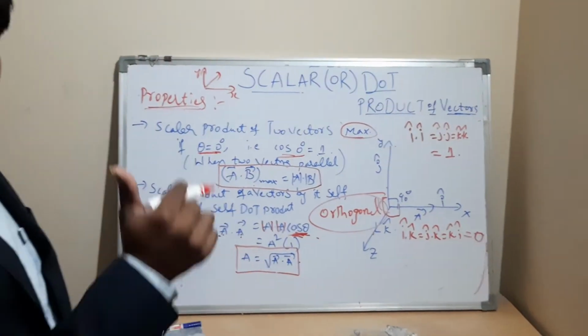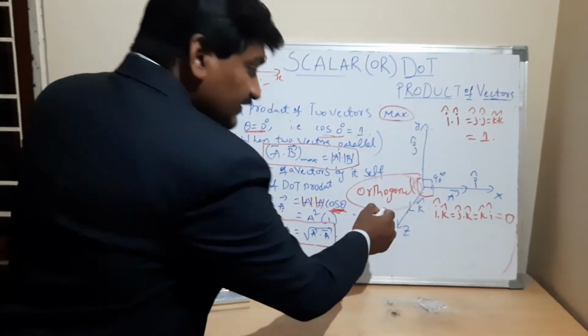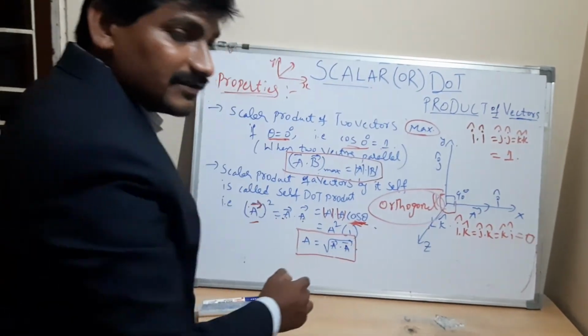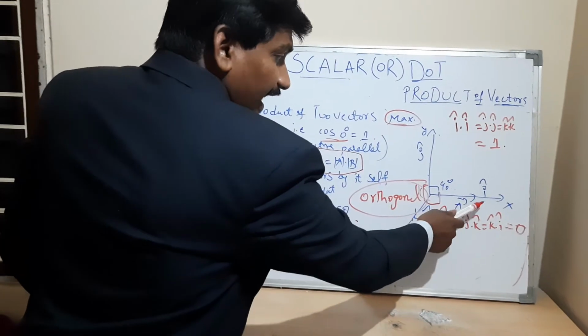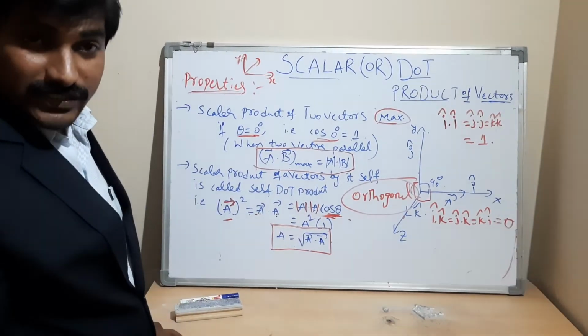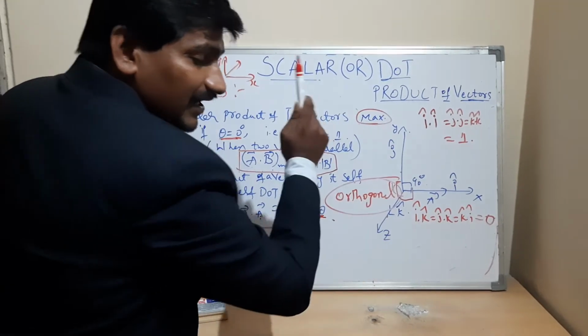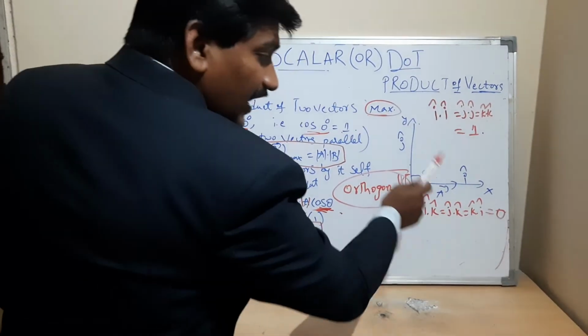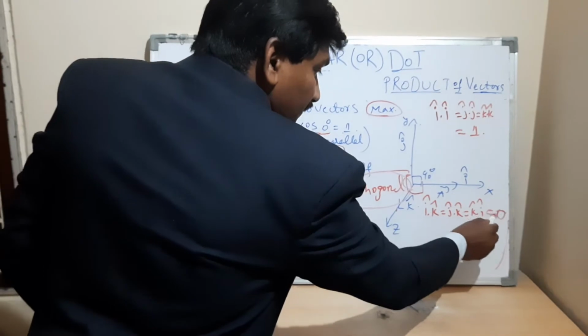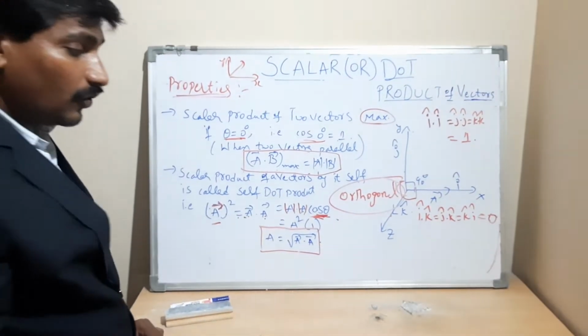But the most important thing is that these orthogonal vectors i, j, k are perpendicular to each other. In that case, if you take the product of i dot k, or j dot k, or k dot i, that is always 0. Why is it so?